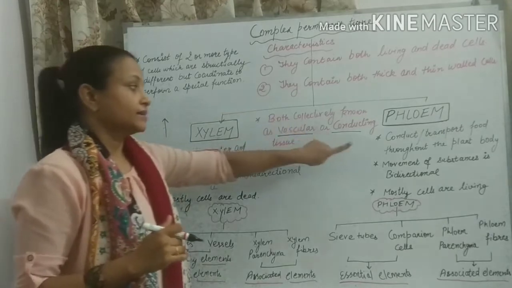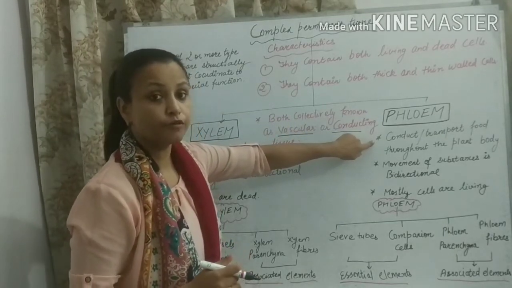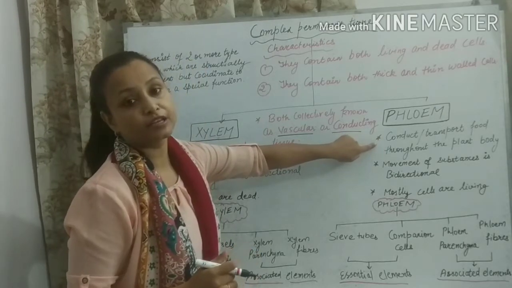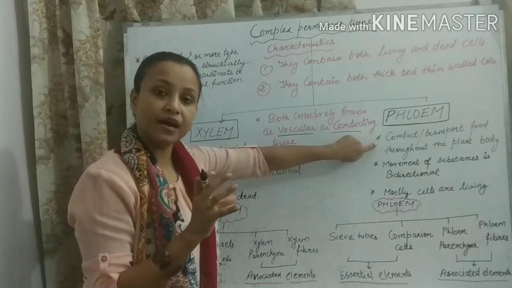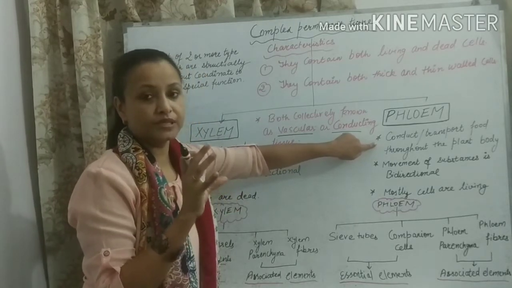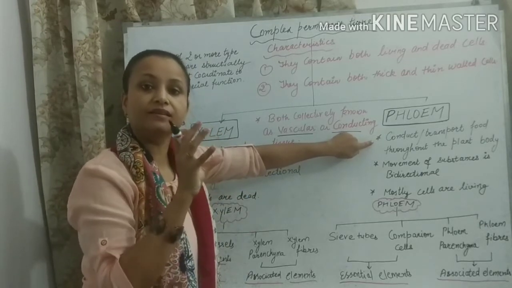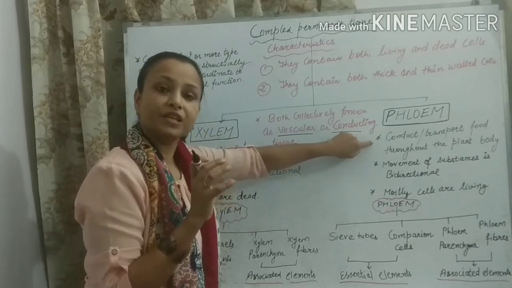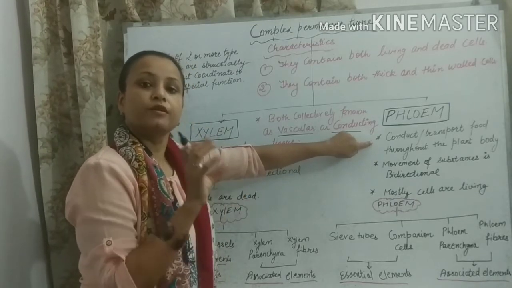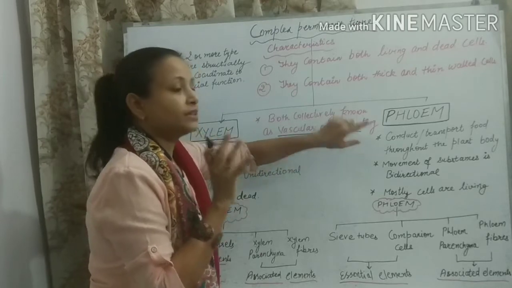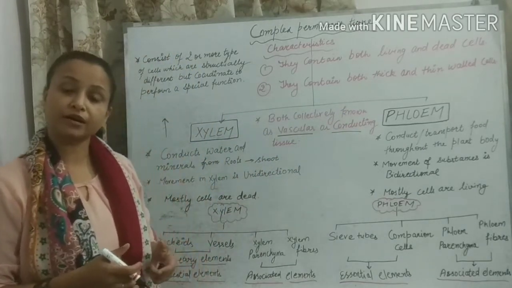And what happens in phloem? The main function of phloem is to conduct and transport food. You are all familiar that food is made in the leaves. The leaf is the kitchen of the plant. The leaf makes food by the process of photosynthesis. When the food is made in the leaf, how does it reach the other parts of the plant?